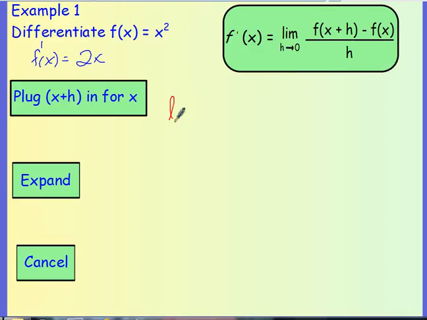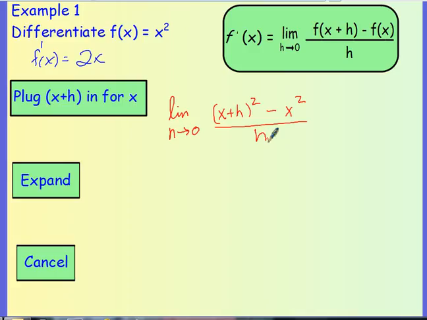The limit as h approaches 0 of x plus h squared minus x squared over h. Does everybody see what I did? The first part says plug in x plus h for your x. My x was squared, so that's why I have x plus h squared. Minus f of x, minus the original, minus x squared over h.